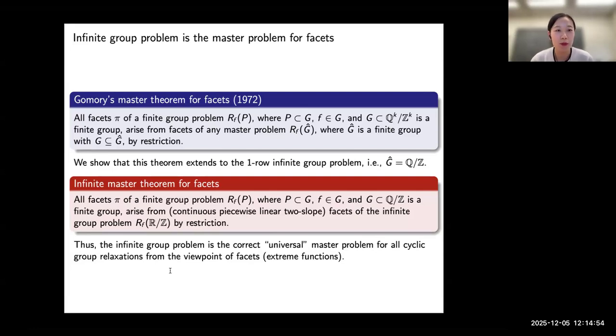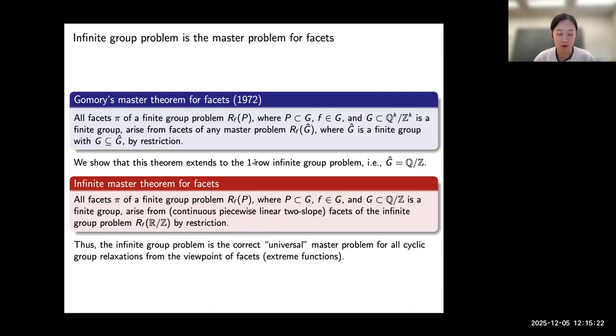So more specifically, any group, the facets from a finite group problem arise from the master problem, where the finite group is a subgroup of the master group.